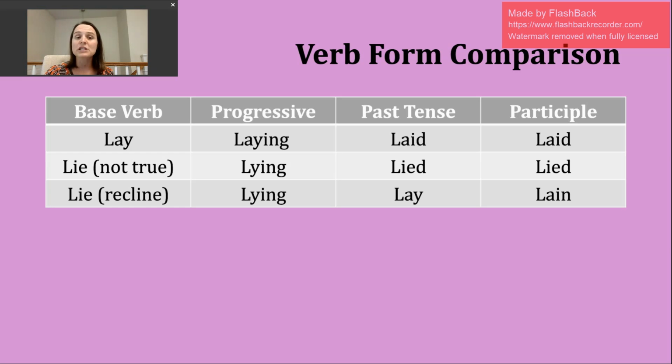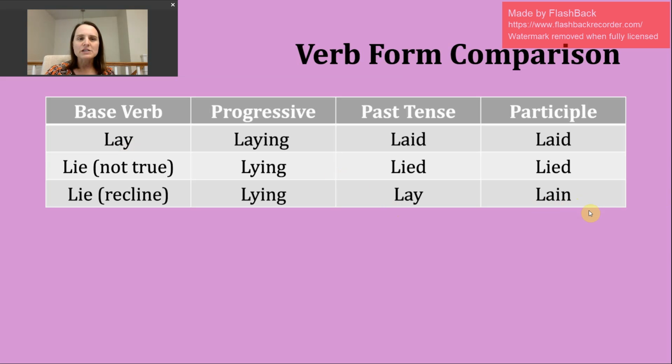So the progressive form is going to be the same, lying. The past tense, though, becomes lay. And that is what ends up confusing a lot of people. So if we look here, past tense form, lay, it's the same as the base verb. And that's what confuses a lot of people. The participle here is lain, lain.